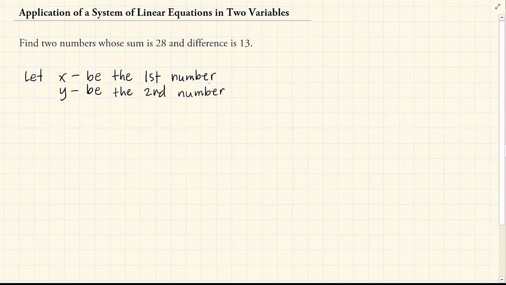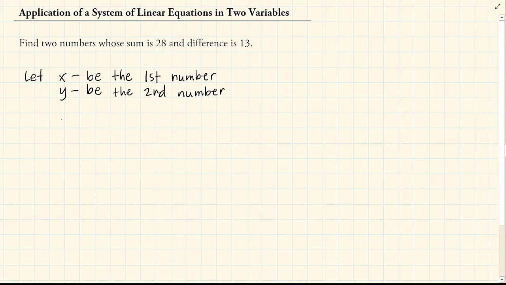And then after representation, we are going to write equations based on the statements. The first statement is the sum of these two numbers is 28. Whose sum is 28? This means that if we add these two numbers together, the result is 28.